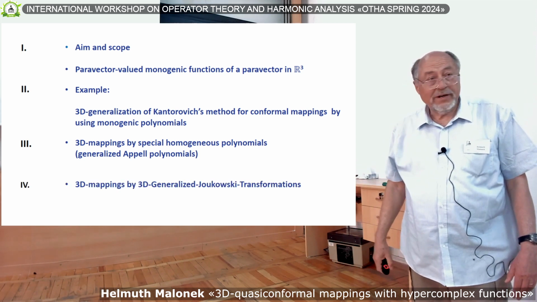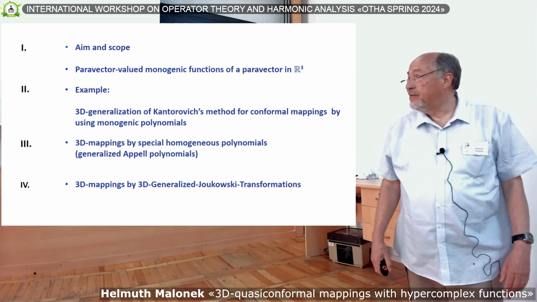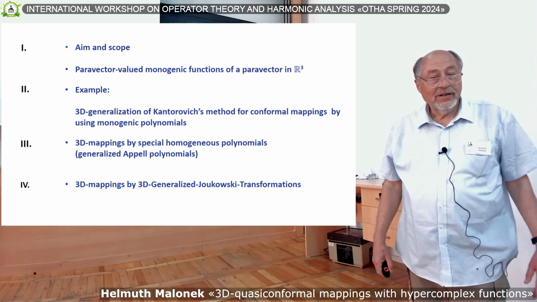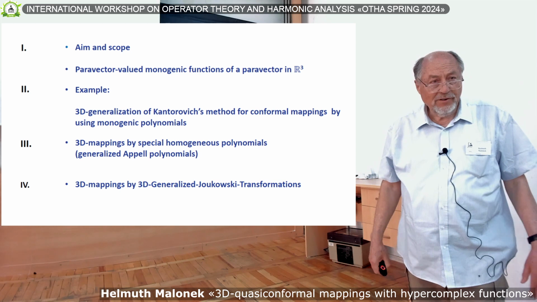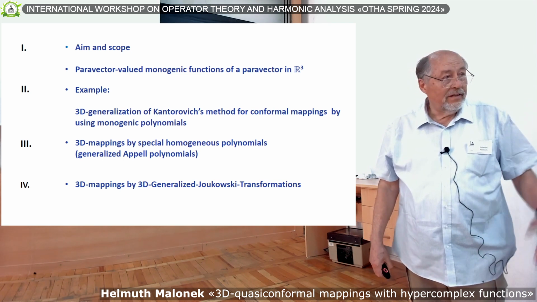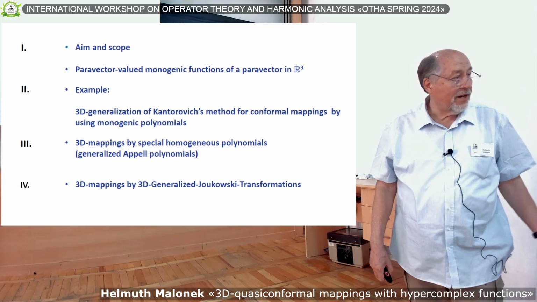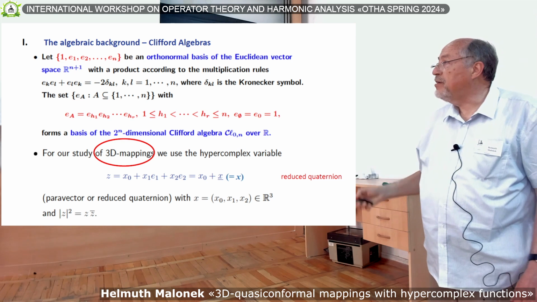And in the last part, I will come to this picture you saw at the beginning: concrete approximations of spheres not centered in the origin, of course, which give profiles similar to a 3D Joukowski transformation.